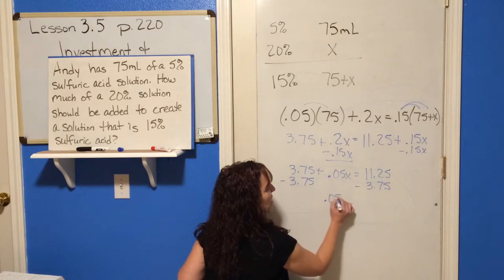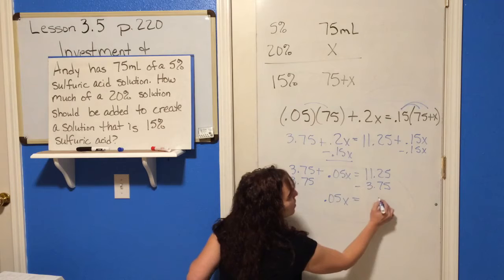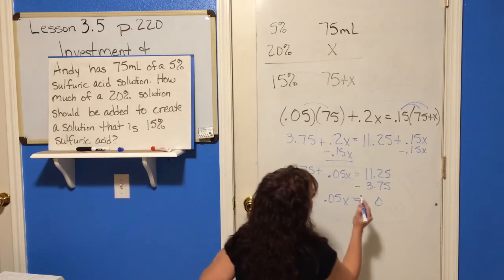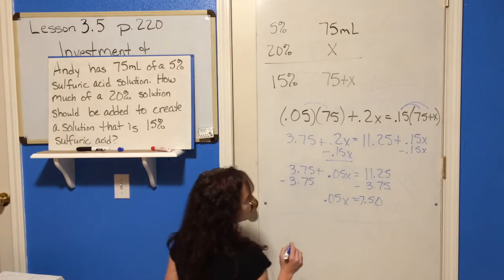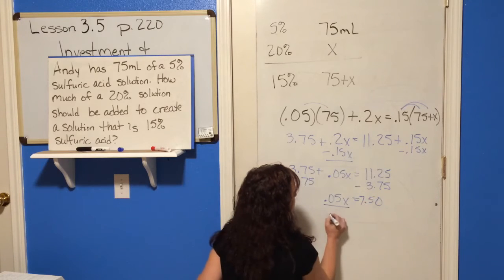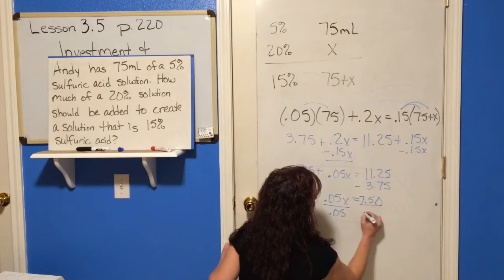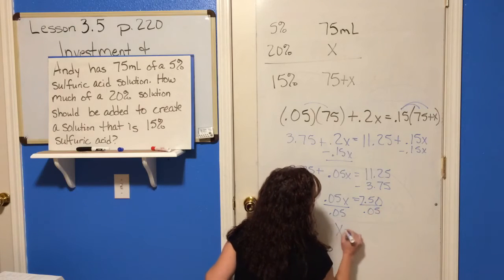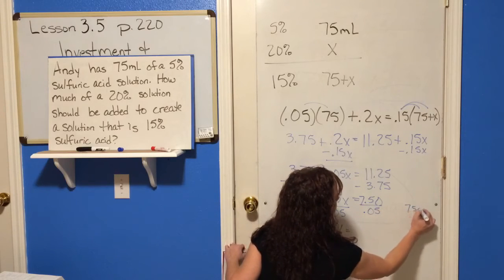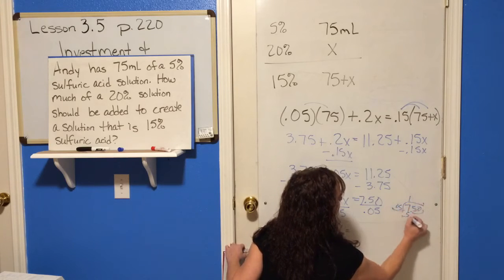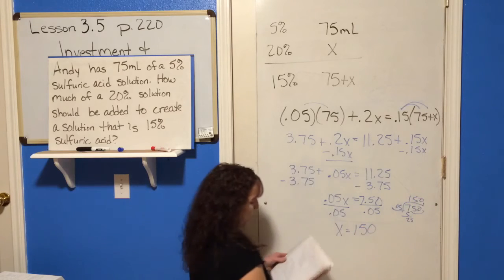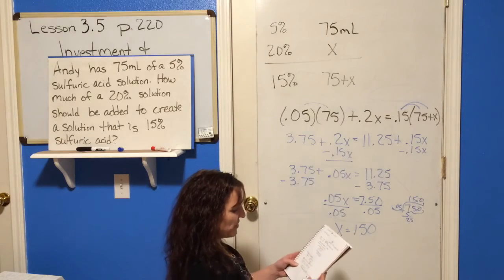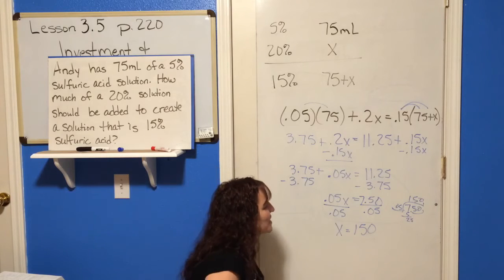So 0.05x should equal, what does that equal? 11.25 minus 3.75 is 7.5. Divide both sides by 0.05. 7.5 divided by 0.05 is 150. So x equals 150.